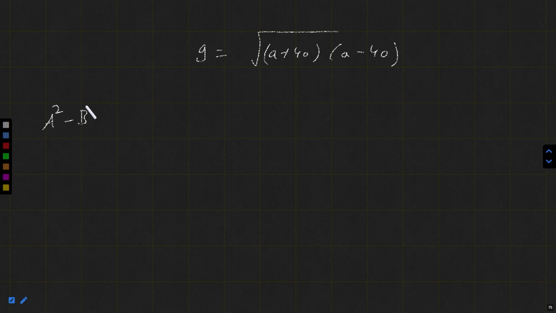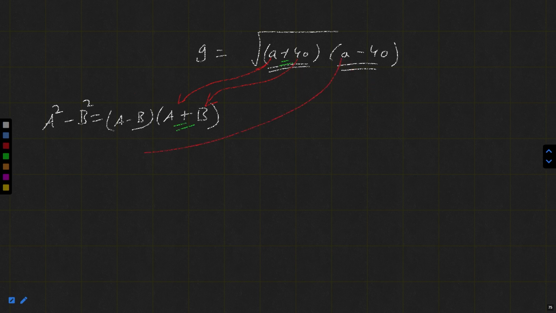So 9 is equal to the root of (A plus 40) and (A minus 40), and we know A square minus B square is equal to A minus B and A plus B. Using this identity, here is my A, here is my B, and the plus sign is here.